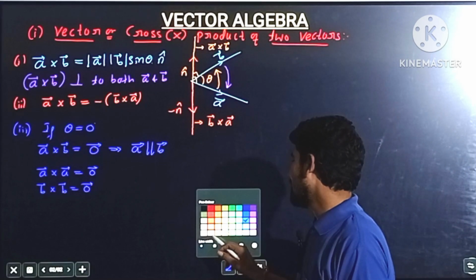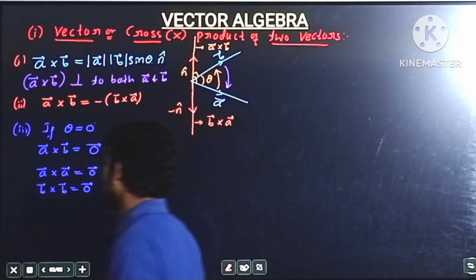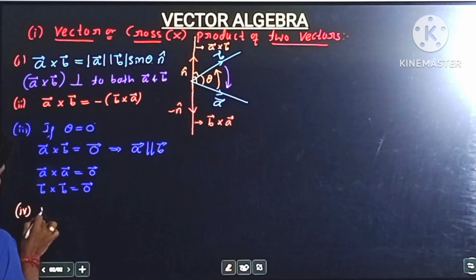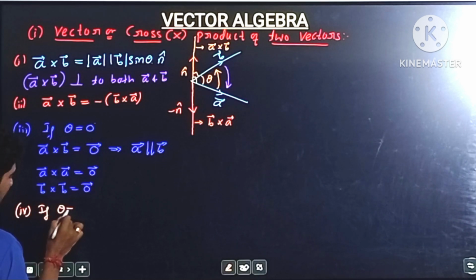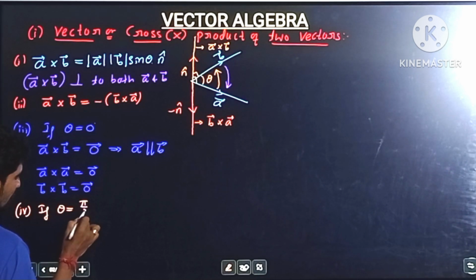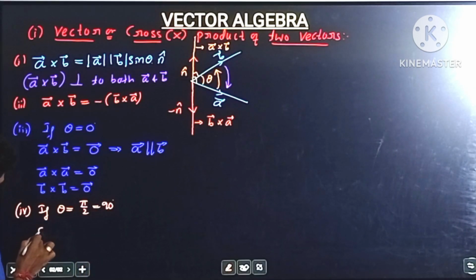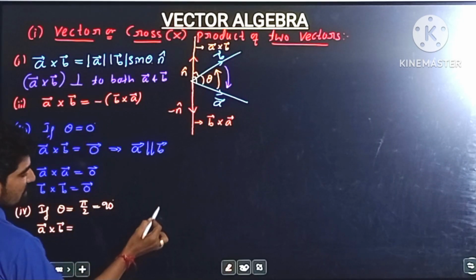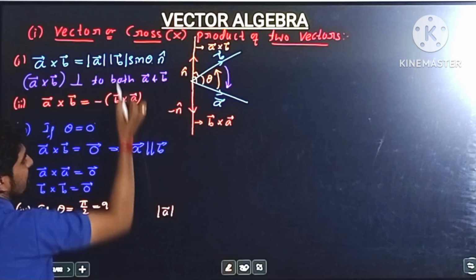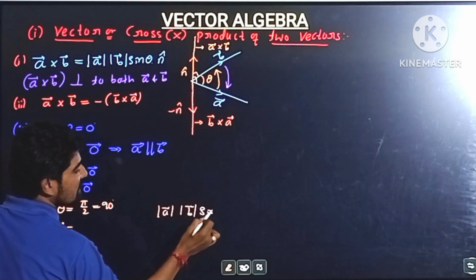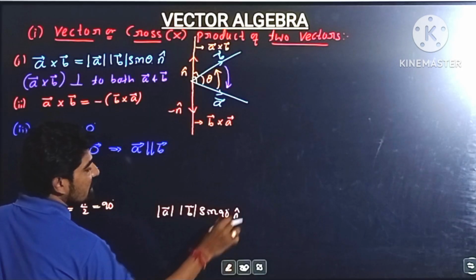And the fourth point you need to observe here is, if the angle between a vector and b vector is equal to pi by 2, that is 90 degree, then the value of a vector cross b vector is equal to magnitude of a vector into magnitude of b vector into sine theta, that is sine 90 degree, into n cap.